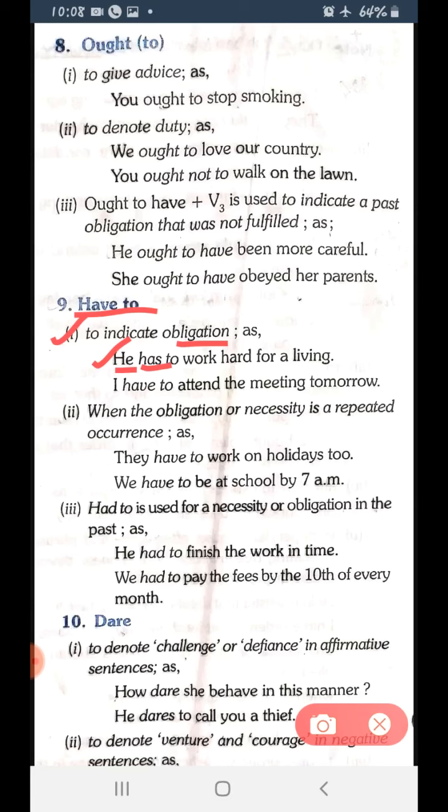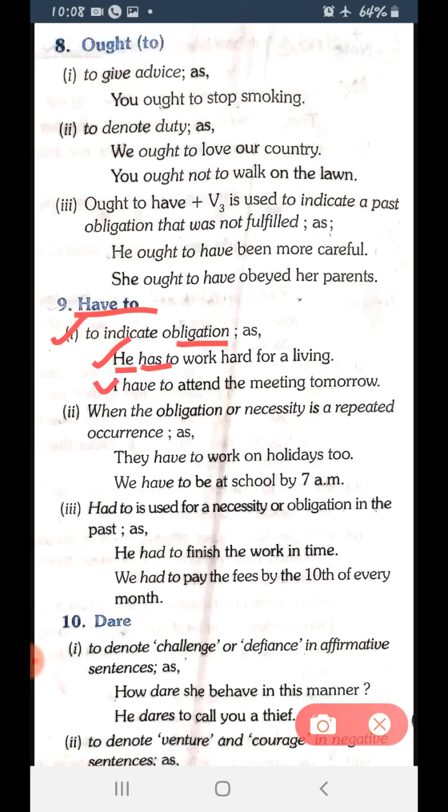Have is used for plural, whereas has is used for singular. And here, since the sentence is about a singular person, he, we are using the word has. So the modal has is used here in place of have. Fine. So he has to work hard for a living.